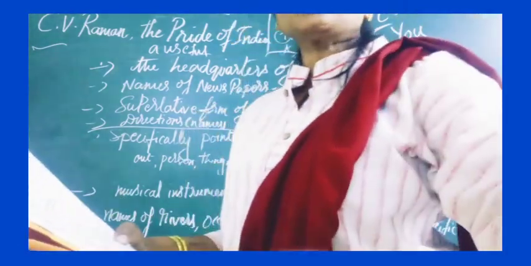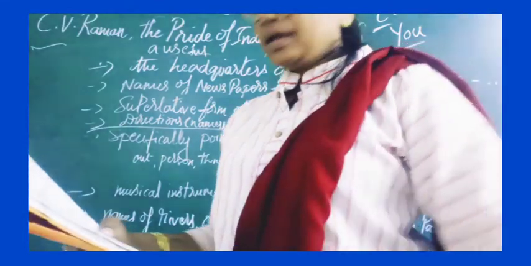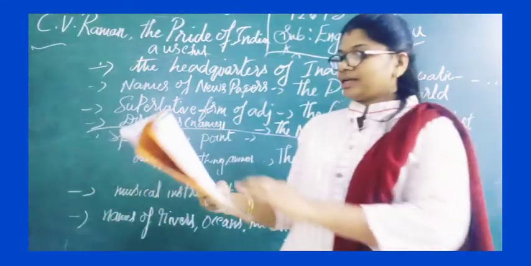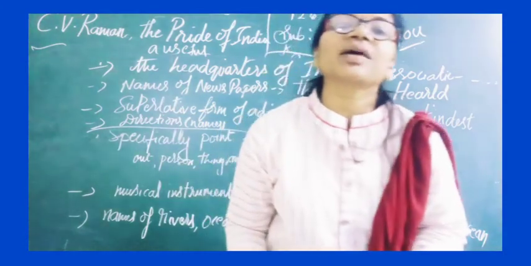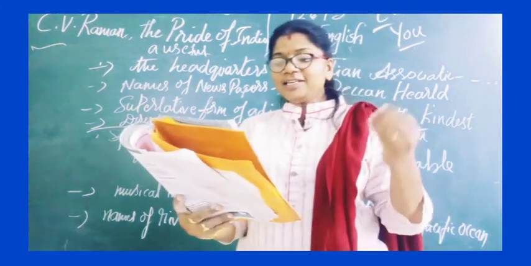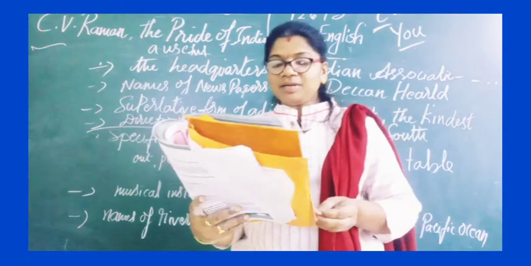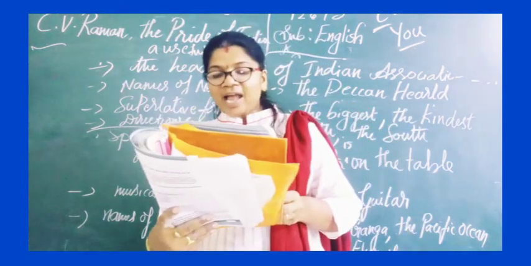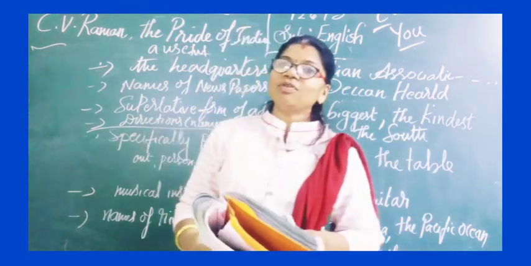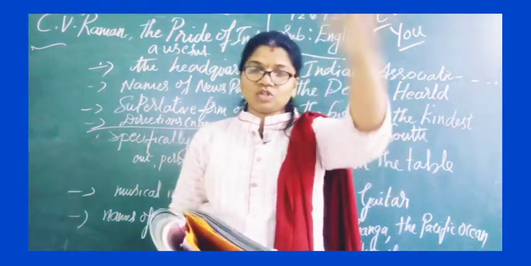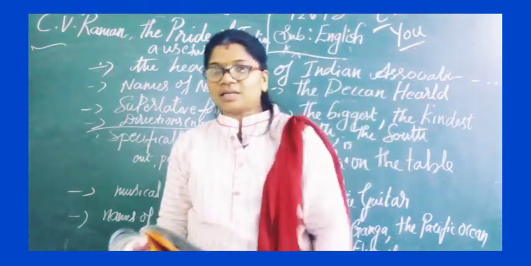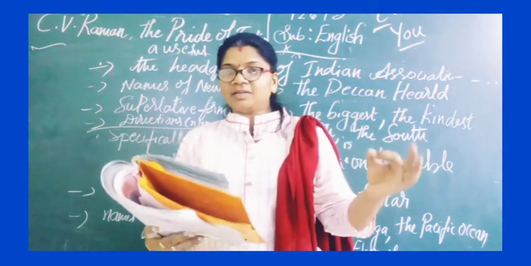Now let's do this exercise and end today's class. In 1987, Mr. Swaminathan was awarded the Raman Magazine Award. Before the names of awards, we should use the article the: the Raman Magazine Award, the Nobel Prize.